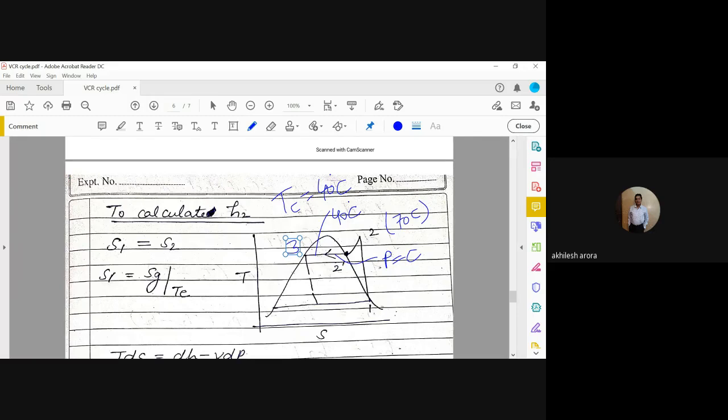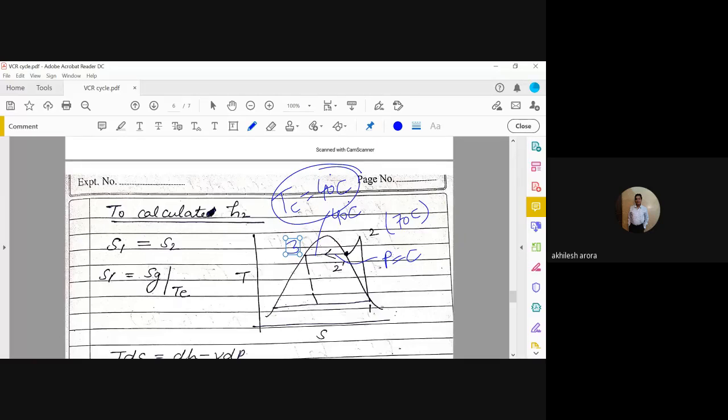That is why even if we calculate the average temperature from 2 to 3, it will come to only 41 or 42 degrees Celsius. So we say that the condenser temperature is only 40 degrees Celsius. I hope this is clear to you.